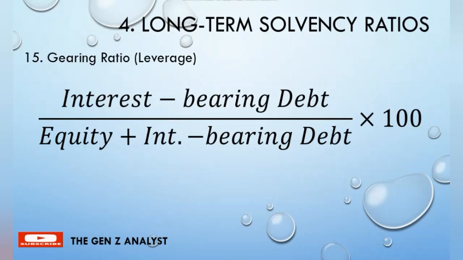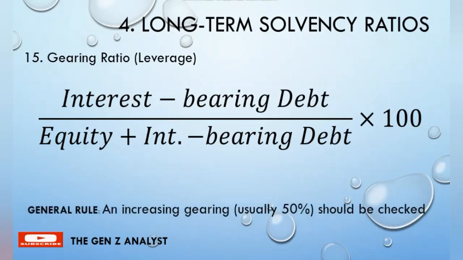Now, usually, most firms have a very high gearing ratio, and when we say a firm has a higher gearing ratio, we are talking about usually greater than 50%. So when you calculate this and you get more than 50%, then we say that the firm is highly geared. Interestingly, most firms find themselves in this category. However, the problem comes when your gearing level continues to increase.